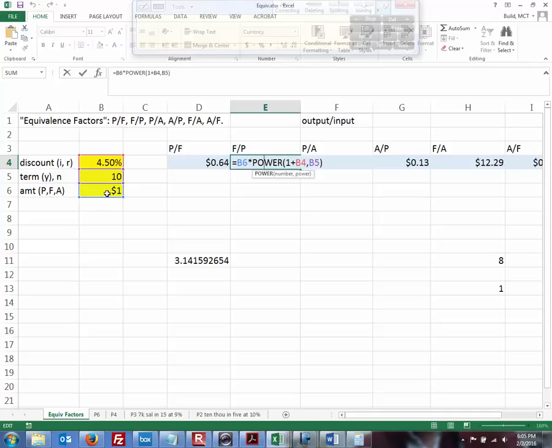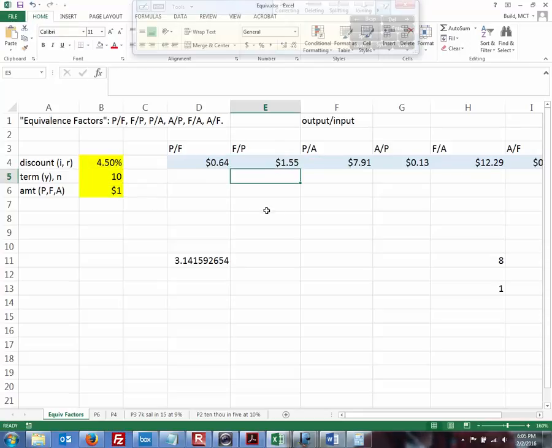So I'm just calling this the present. B6 goes in, and here's the function, to the power of 1 plus B4. What's in B4? Well, that's the interest rate. We already decided. To what power? Well, it's not 3. In this case, it's 10. And so with Excel, we got the exact same answer.